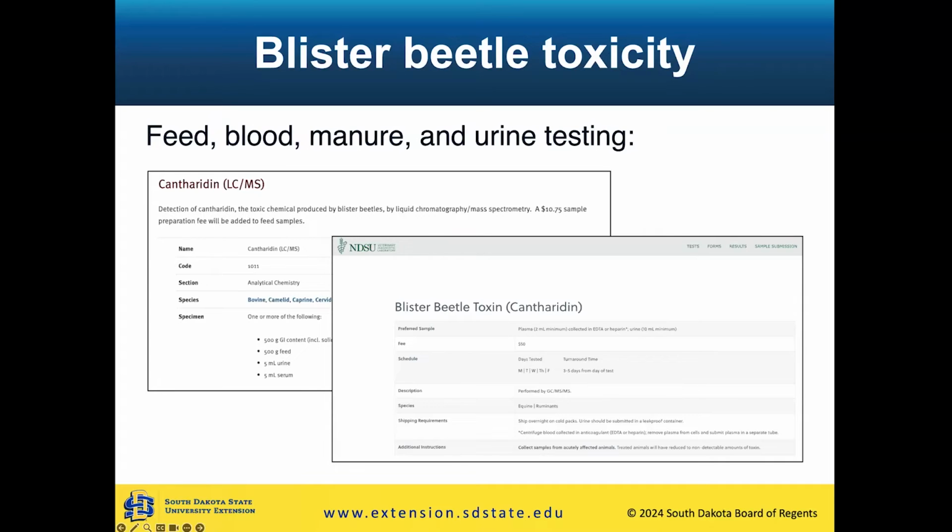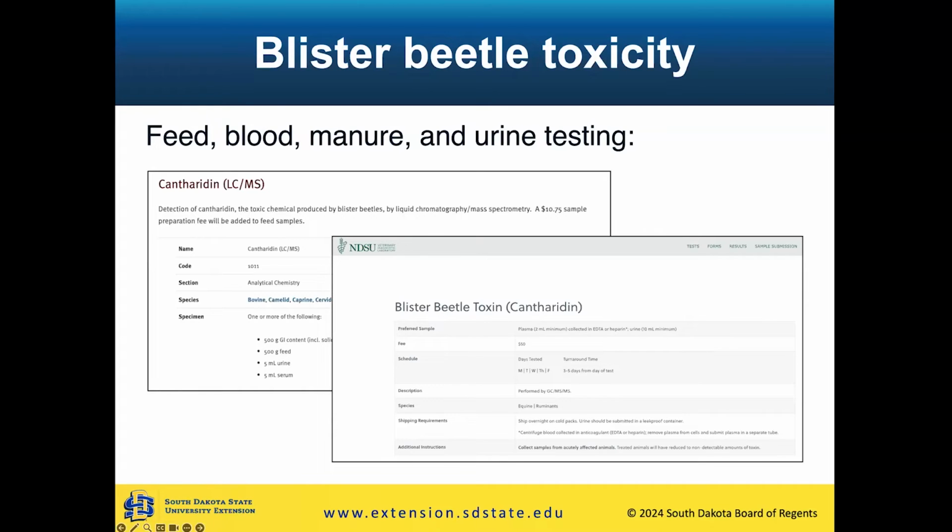So some other things that I've gotten questions about: people wanting to test feed for the cantharidin levels or test for blister beetles. To my knowledge, there's just a couple universities that will actually do tests for that cantharidin, that blister beetle toxin.